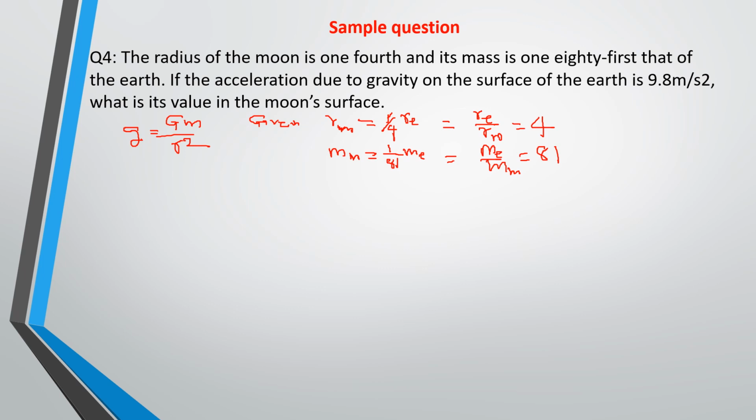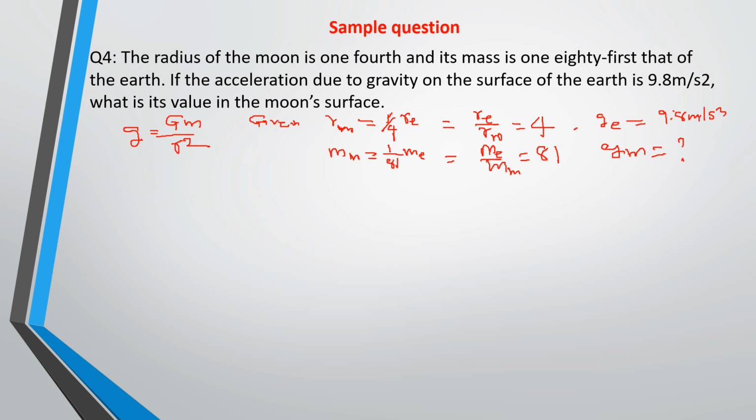Then the acceleration due to gravity of the earth is given to us to be 9.8 meters per second squared. That of the moon is what we are looking for.